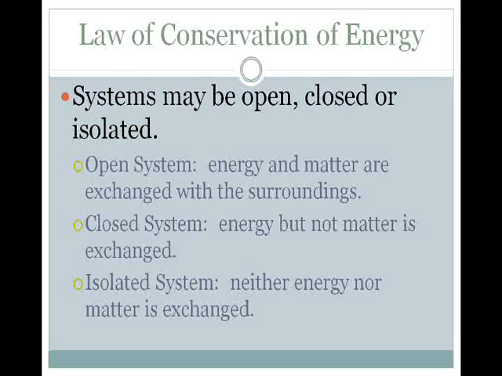And so energy can be exchanged in a closed system, but matter, like I, cannot walk through the door unless I open it. So matter cannot be exchanged when we have our door closed in our classroom, but energy can be. And then an isolated system would be where we close the door of our classroom and every little crack is sealed. So there's no space underneath the door, on the sides of the door, that everything is completely sealed off so that neither energy nor matter can be exchanged.